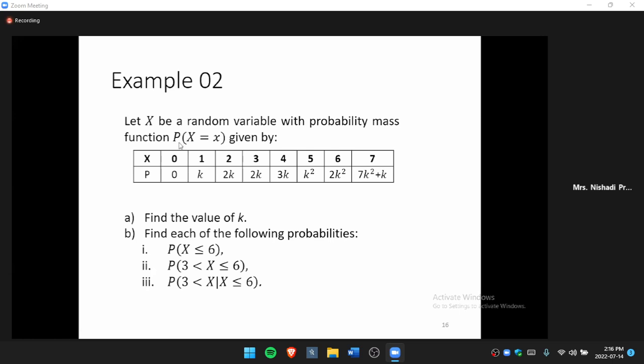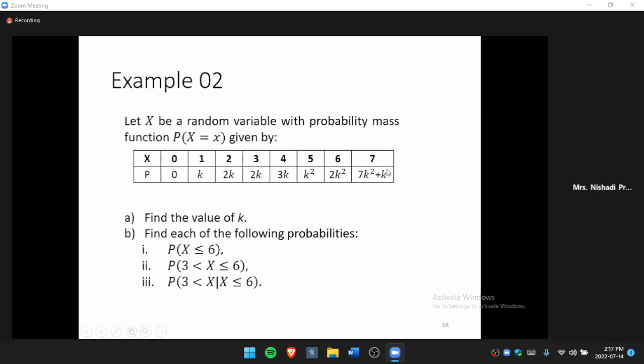Which means there's another method to find that probability, because the only excluded item is 7. You know already the total probability is always equal to 1. If you add all the probabilities, that is equal to 1.